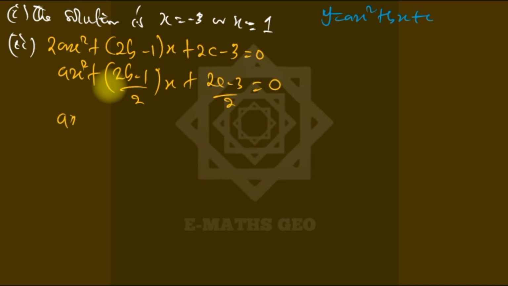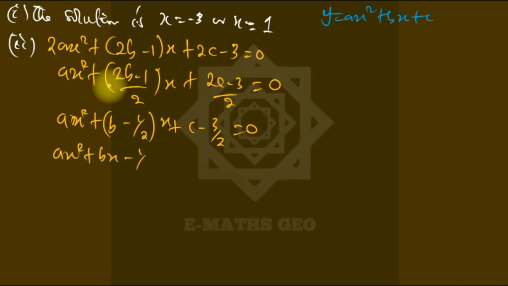So this is as squared plus, this is b minus 1 over 2x plus c minus 3 over 2 equals 0. And if we open up, we have as squared plus bx minus 1 over 2x plus c minus 3 over 2 equals 0.